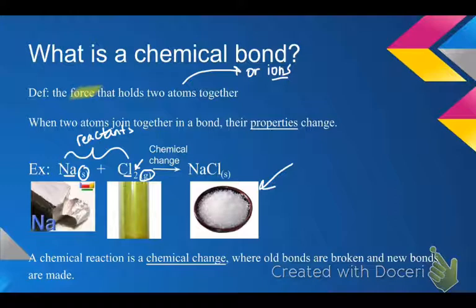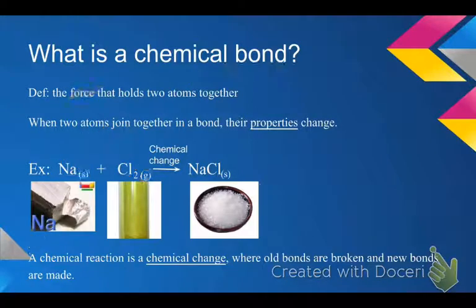So a chemical reaction then is a chemical change where old bonds are broken and new bonds are made. So these old bonds, sodium right now in this example is not bonded to anything. It's just a plain old sodium atom. But chlorine, this little 2 right there, when you see a little number of any kind, a subscript, that's going to denote that those two chlorines are actually stuck together.